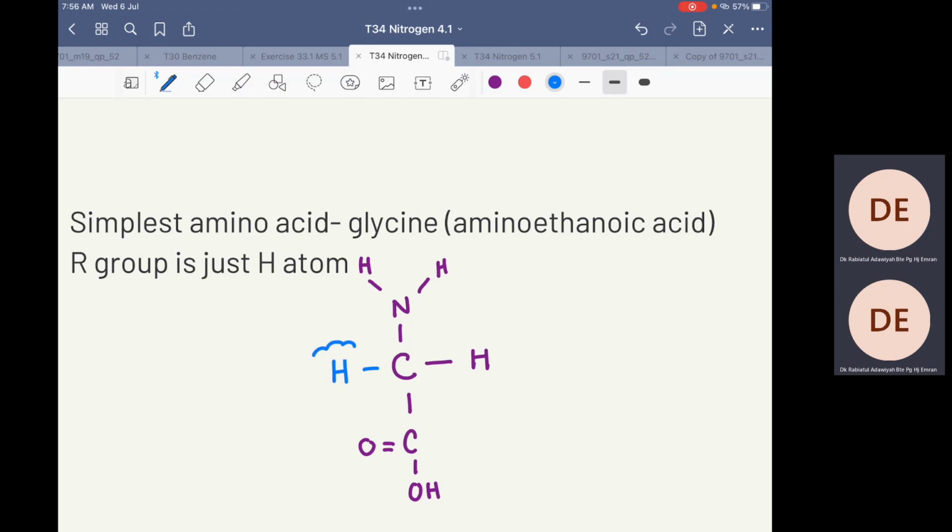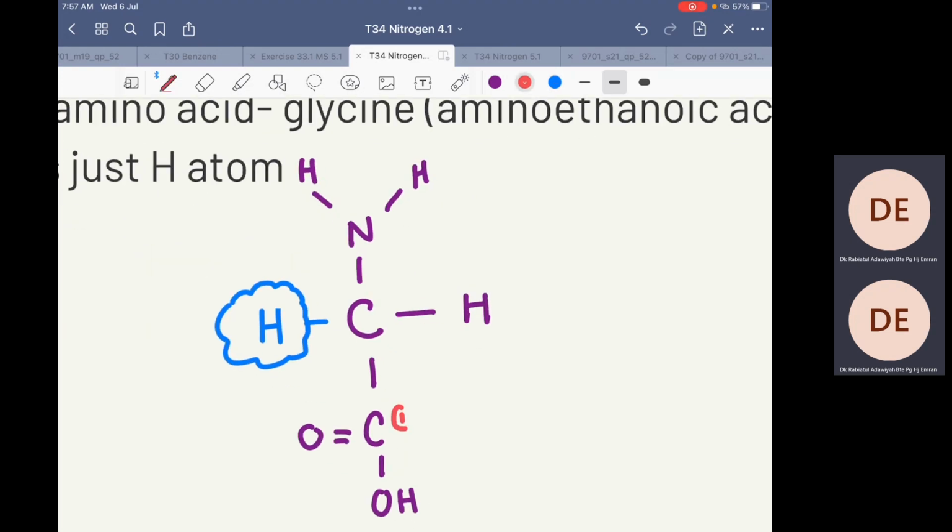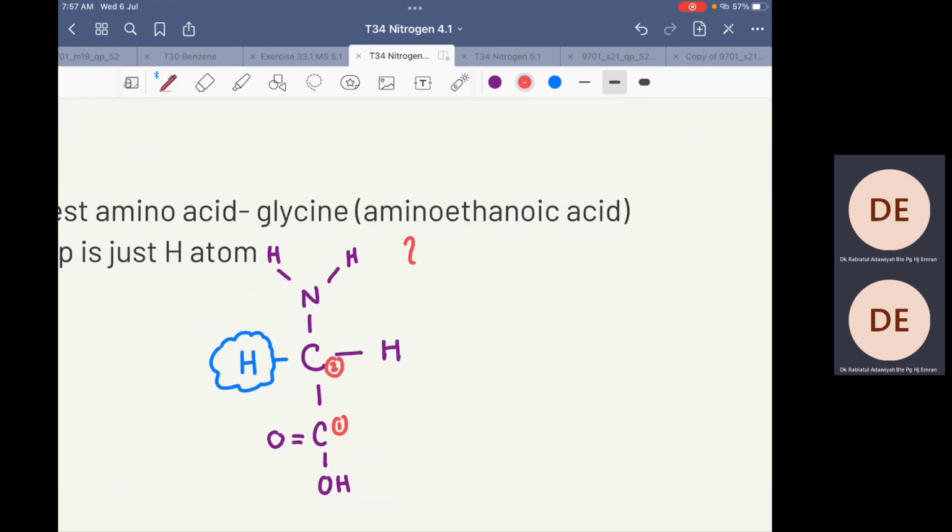That's the simplest R group you can find, and this is glycine, but we call it aminoethanoic acid. Why? If we count the number of carbons, there's 1 carbon, 2 carbon. The name amino comes from the amine group, the ethanoic comes from the 2 carbon atoms, and the oic acid is just the COOH, okay?